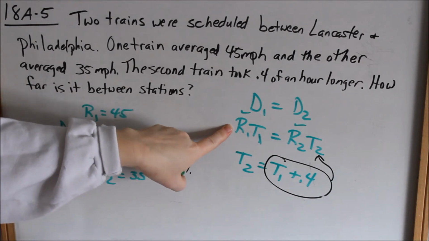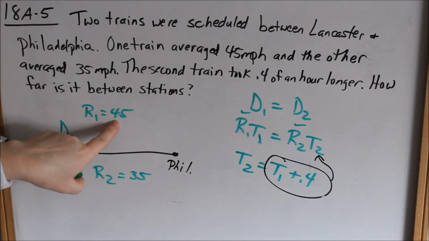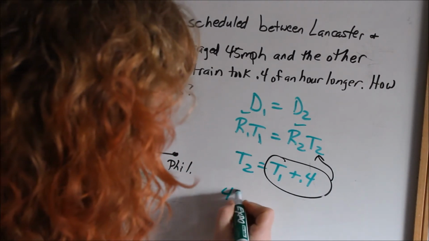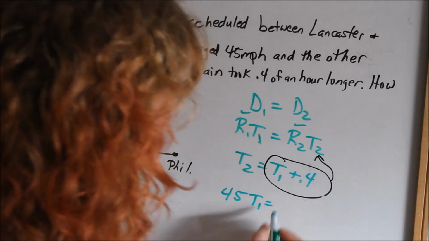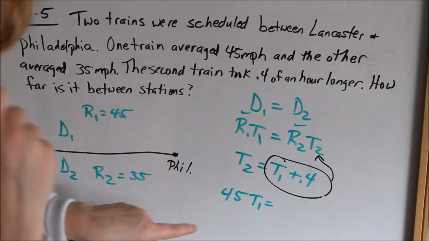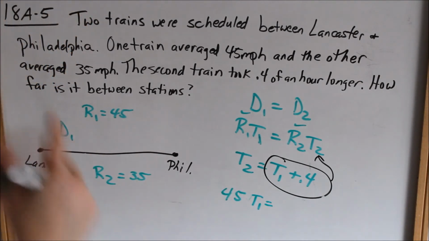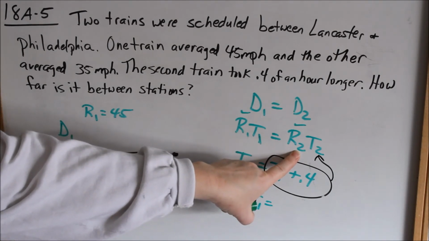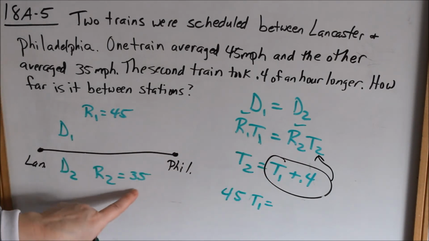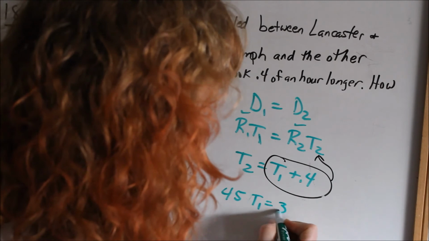I know that my first rate, train 1, was 45. I don't know T1, so I'm going to leave it as T1. I'm dropping my units for ease of calculations. Everything was in miles per hour, so I'm good. My rate of train 2 was 35.